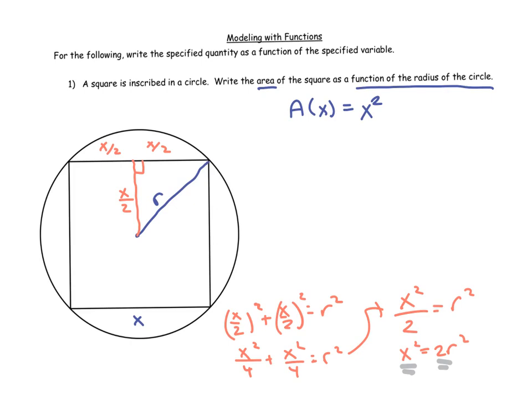And if you look above, we can replace the x squared with 2r squared. So now I can write that the area is x squared, but that can be replaced with 2r squared. And now I can use function notation and say A of r. So the area of the square as a function of the radius of that circle that it's inscribed in is 2r squared.